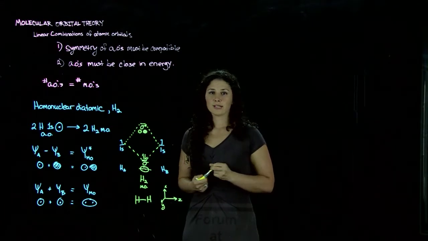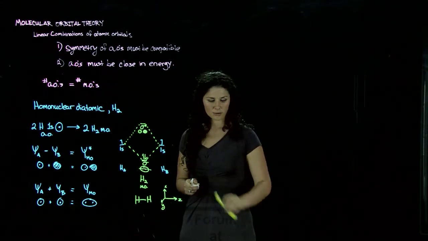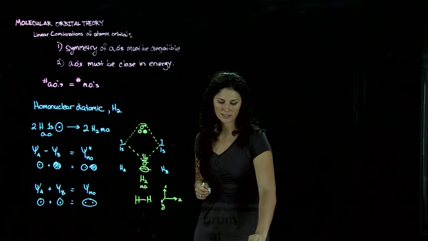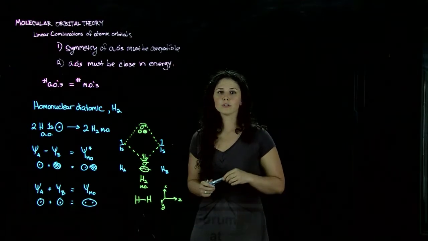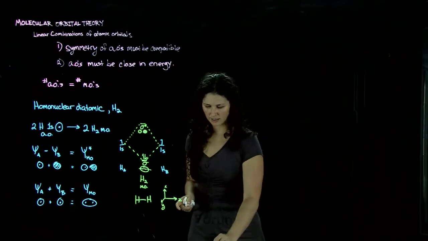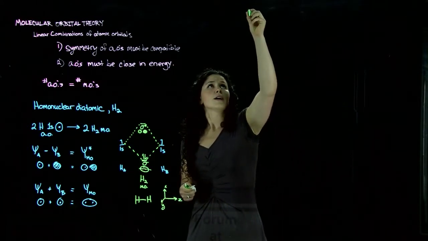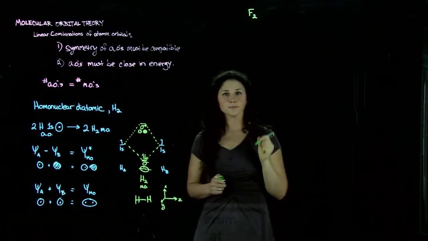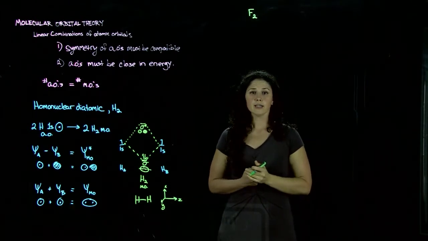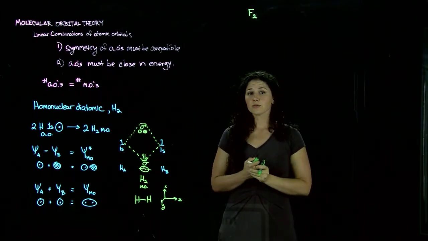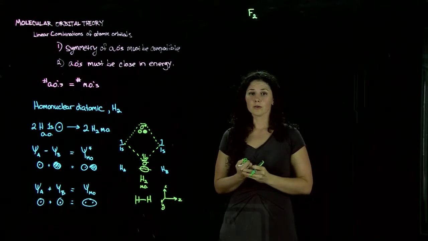So let's go to an example that's a little bit more complicated. We're still going to use a homonuclear diatomic molecule, but we'll use F2 this time. And I'll switch my color. So now we're going to talk about F2. In fluorine, we're not only dealing with s orbitals, but we're also dealing with p orbitals.